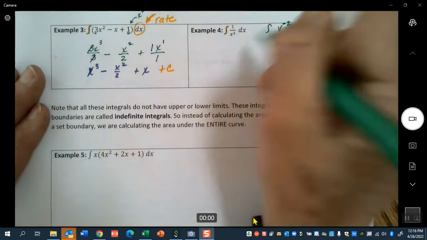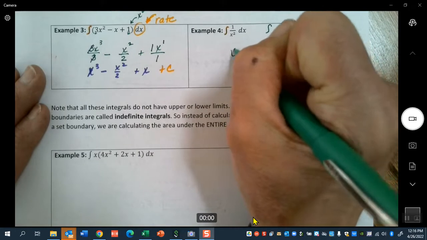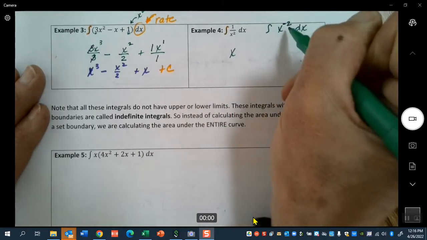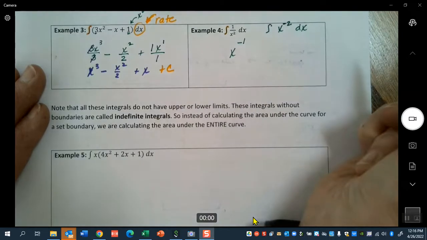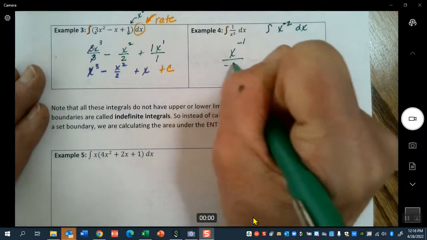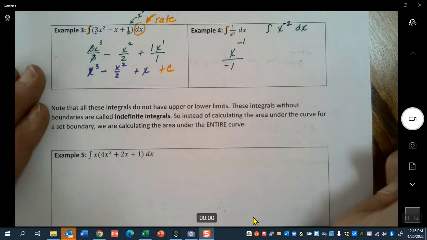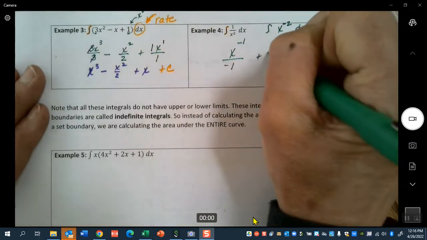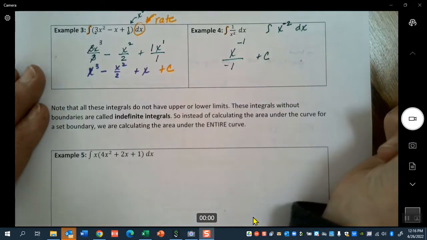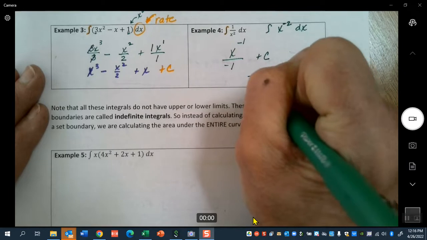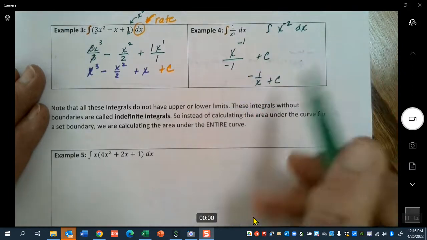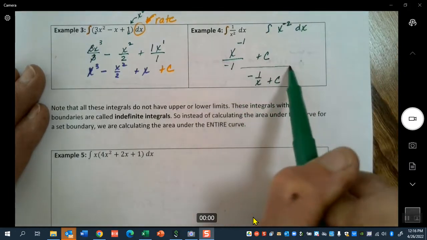All right, so here is my x, and I'm going to take it to the 1 more power. Whoop, did I get you there? Divide by the new exponent and your plus c. So if we want to rewrite this, we know that this is the opposite of 1 over x plus c. That was our original function for this rate.